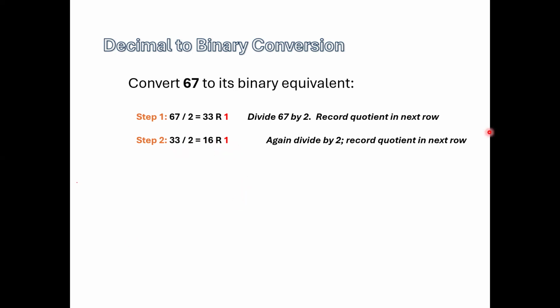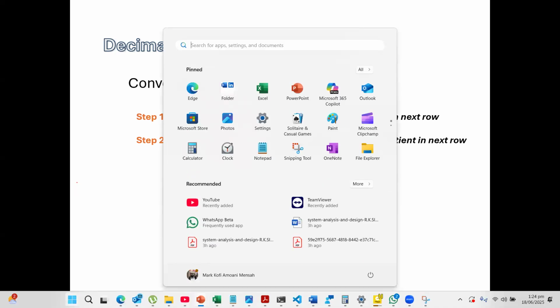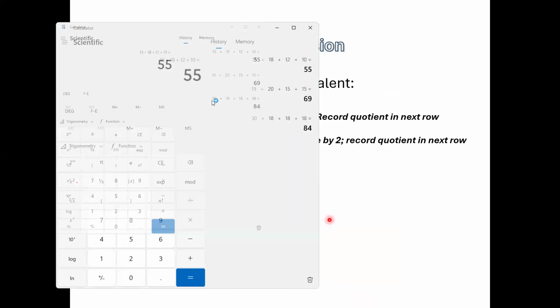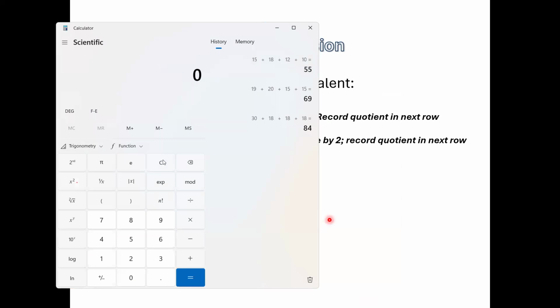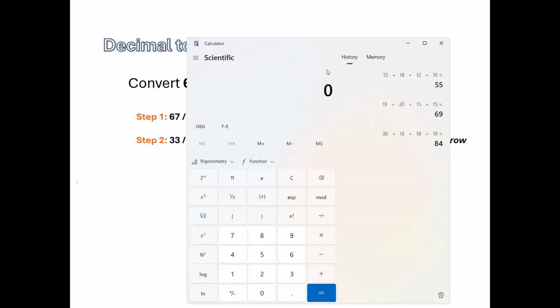Just so that we are clear, let's see what I mean by this. If I go and take my calculator over here on the screen, and I say 67 divided by 2, I would get 33. So it means 2 times 33 would give me 66. So 67 minus 66 would give me 1.